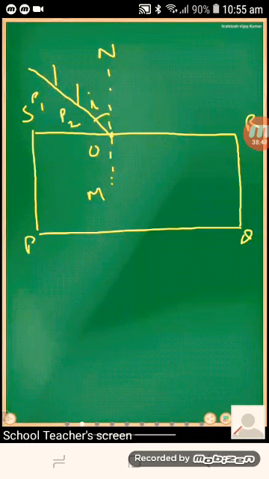Looking through the other side of the glass slab, that is looking from the PQ surface of the glass slab, we try to place two more pins such that all the four pins appear to be in the same straight line, just like you have done in case of law of reflection.